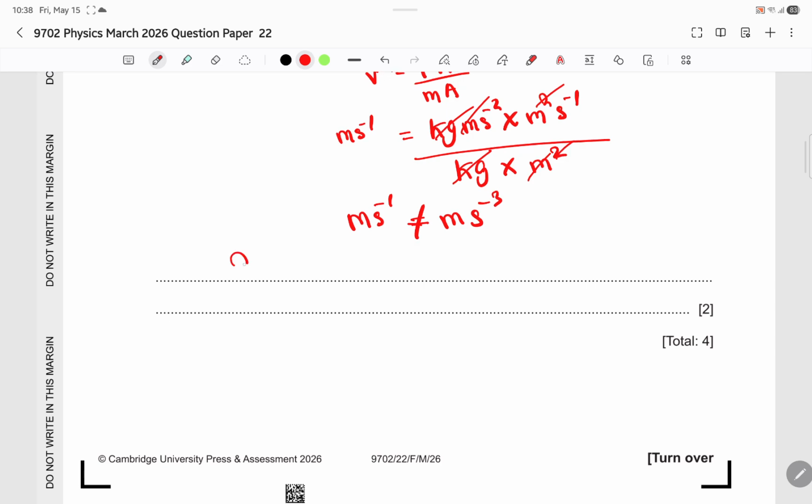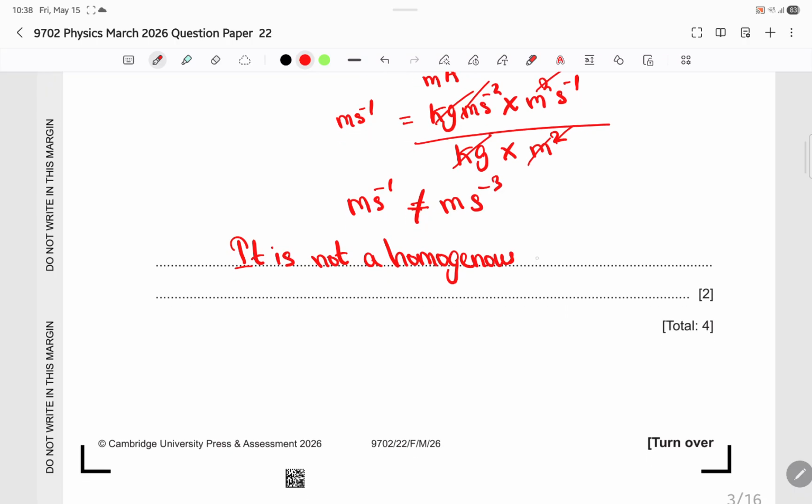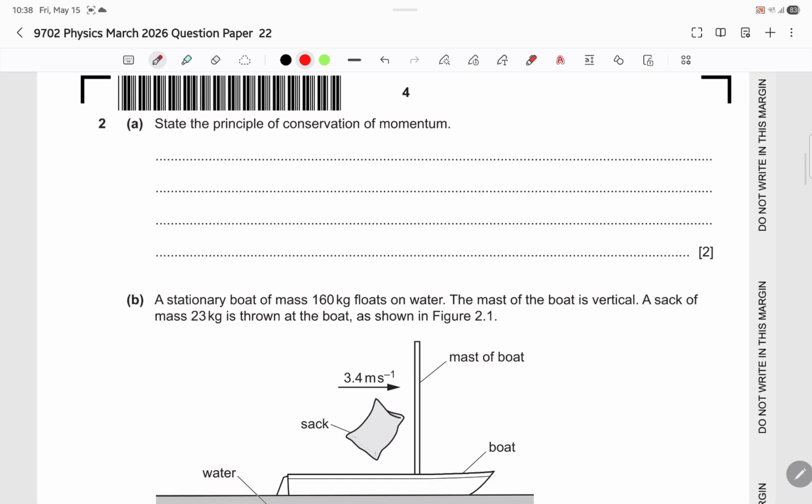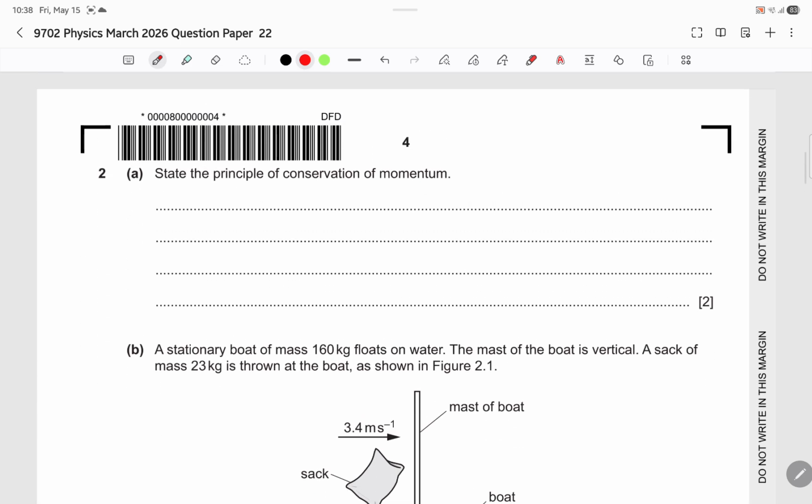So we're going to write that it is not a homogeneous equation, as units on both sides are not equal.